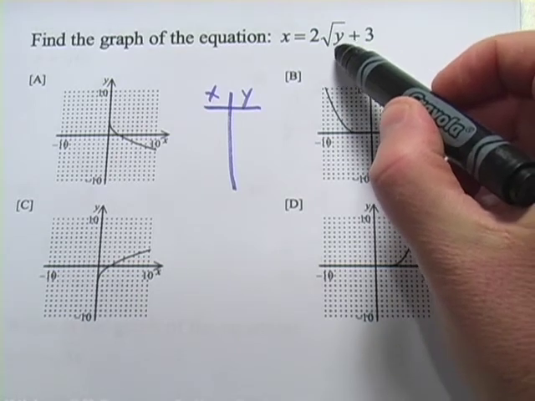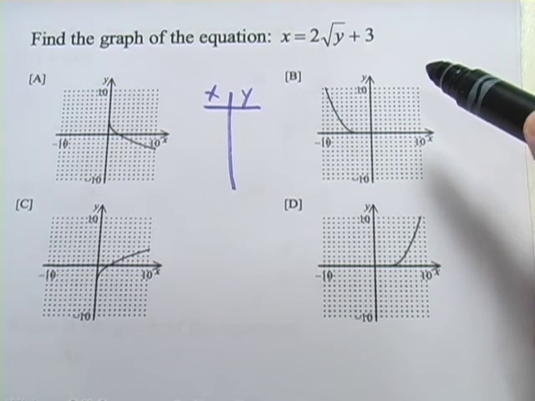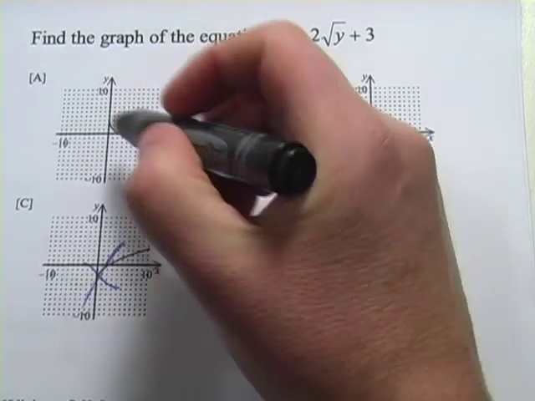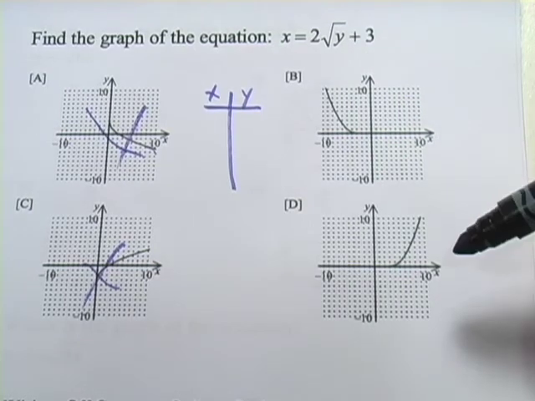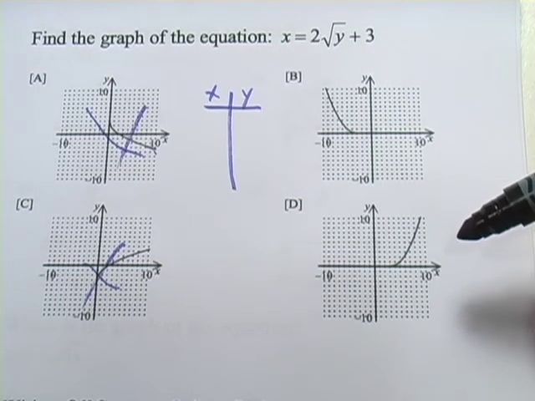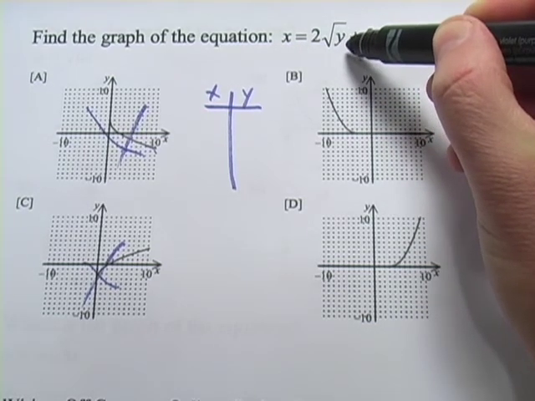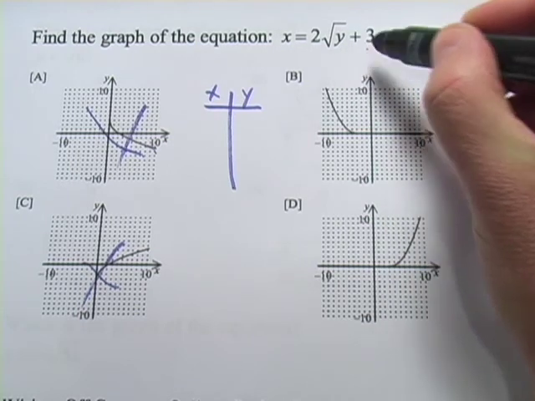First of all, since we've got y under the square root symbol, y can never be negative. So look here. Here we have y values that are negative. We're going to lose that one. Here we have y values that are negative. So already we've got it narrowed down to B and D. And if y is never negative, let's say y was 0, then x would be 3.